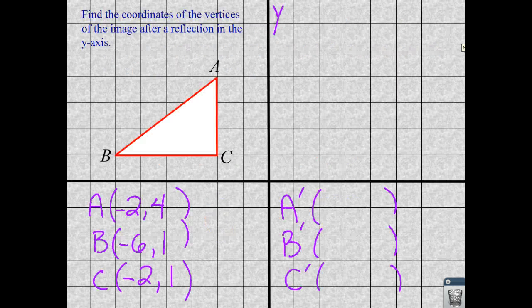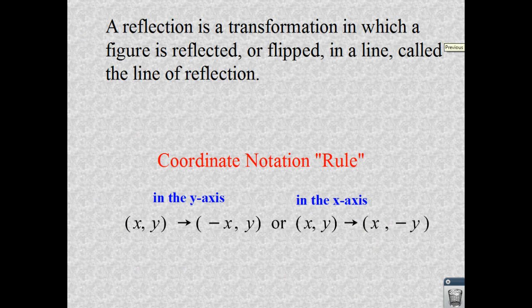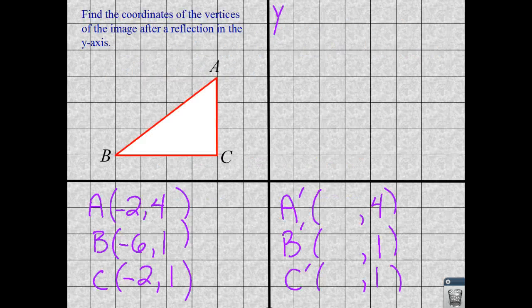So if I'm flipping over the y-axis, my y values stay the same. So I'll have 4, +1, +1. And then the negative x in this notation rule means whatever my x is, this negative will change it to the opposite because you're multiplying by -1.